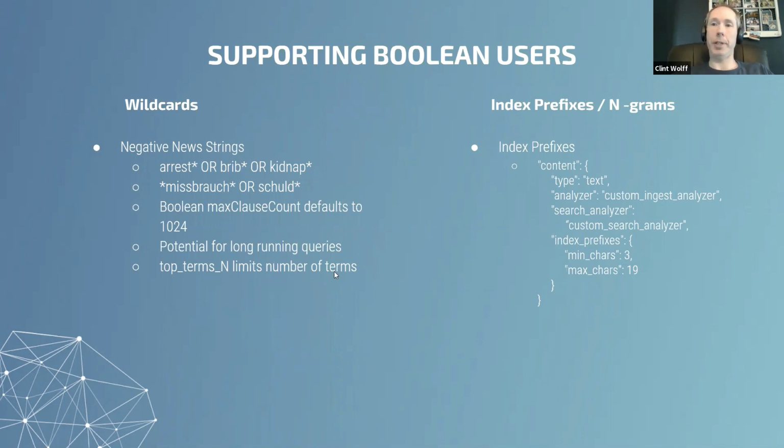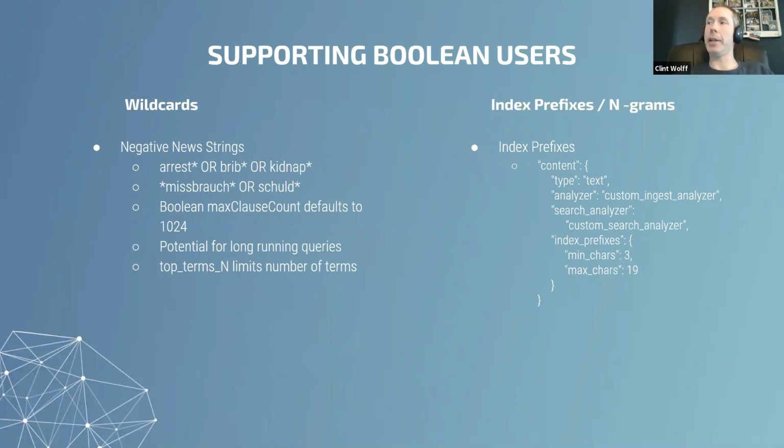So now when I'm doing a span prefix query, or even a query string query will work as well, when I have a wildcard at the end of a term, Elastic automatically knows magically that, hey, you're doing a prefix query. I have index prefixes applied to the field you're searching on.